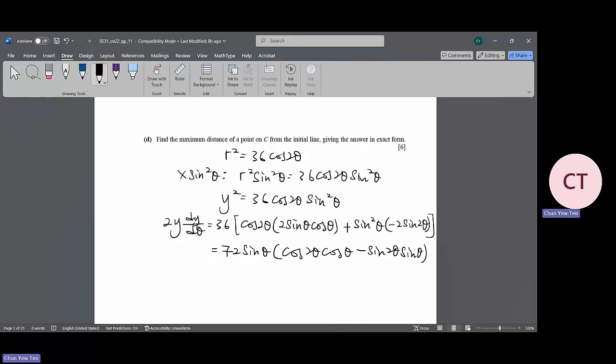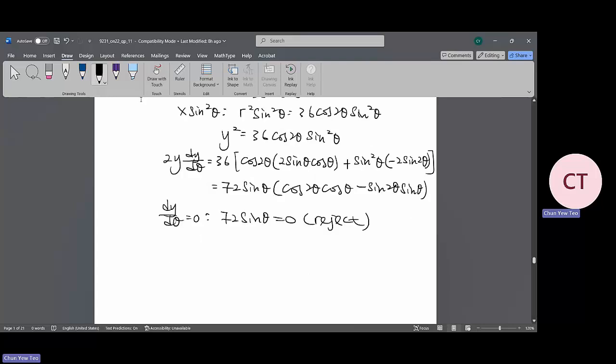Okay. So for maximum y, your dy d theta must be 0. That means that 72 sine theta equals 0. This one we reject, because if it's equal to 0, then your theta will be 0. So that will be your initial line.